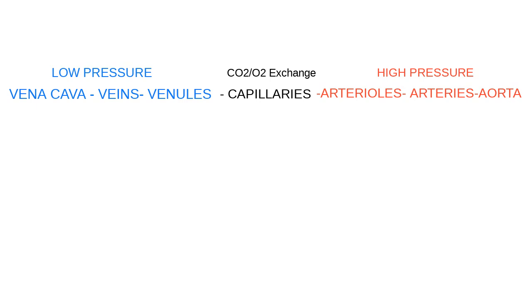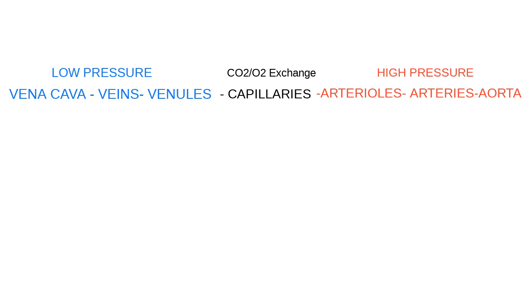You said that the pulmonary vein carries oxygenated blood to the left side of the heart or to the left side of the body? Left side of the heart. Okay, sir. Thank you. So it's going to carry it to the left side of the heart, specifically the left atrium.